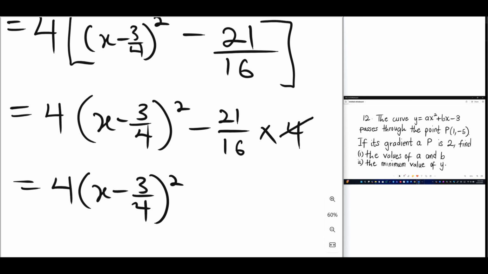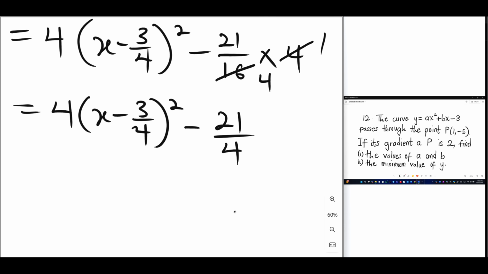Here we need to simplify: 4 divided by 16 gives 4, so we get negative 21 divided by 4. So this becomes our maximum or our minimum value. But because the coefficient of x squared is positive, negative 21 divided by 4 becomes the minimum value. And where it occurs will be the one inside.